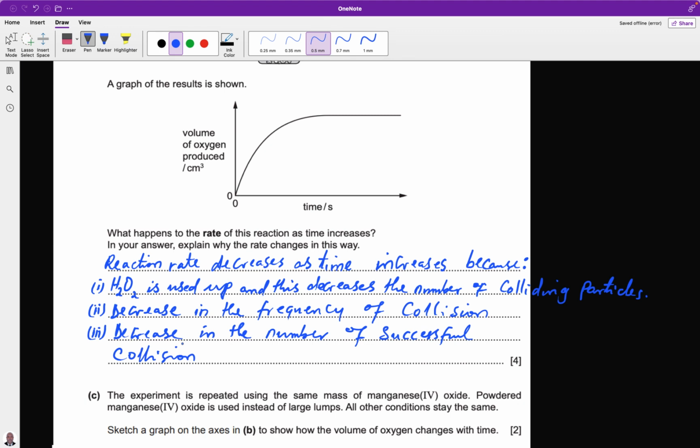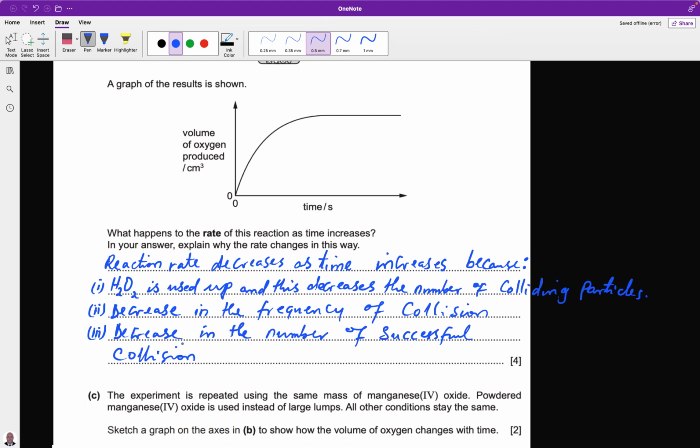Once more, reaction rate decreases as time increases because hydrogen peroxide is used up, and this decreases the number of colliding particles.